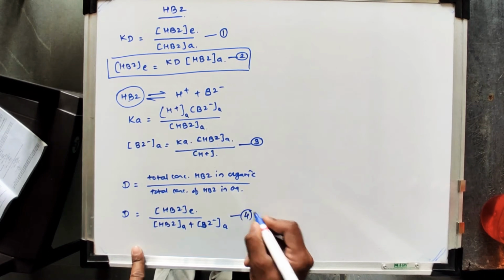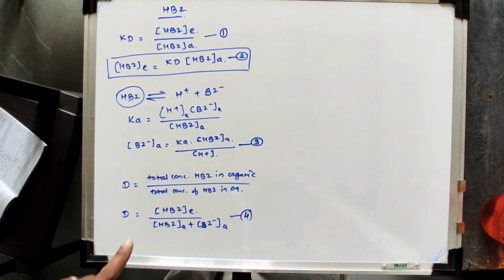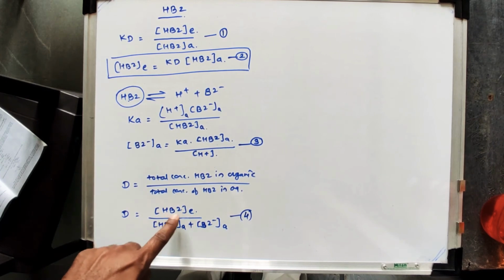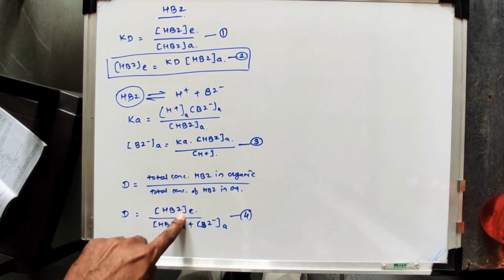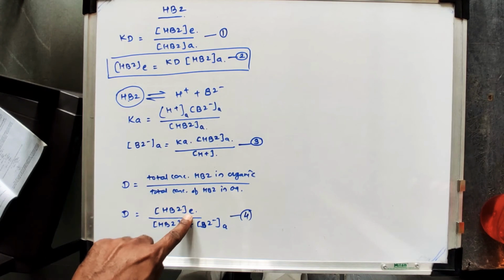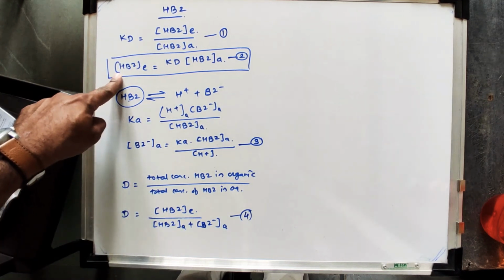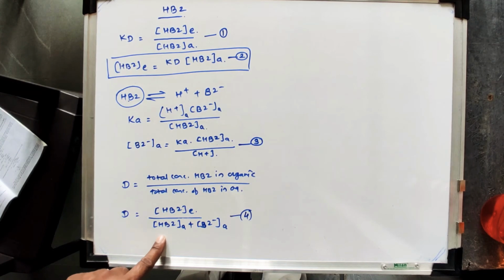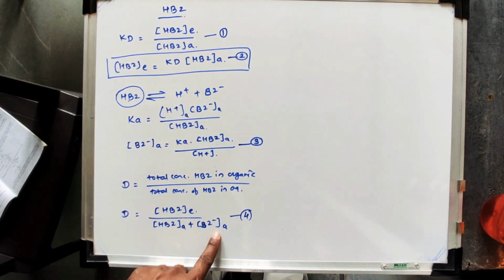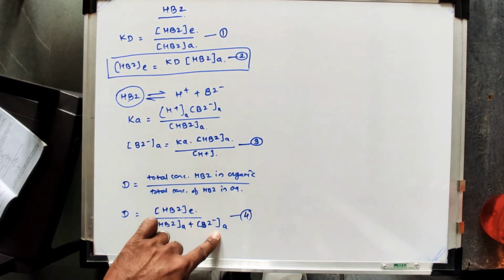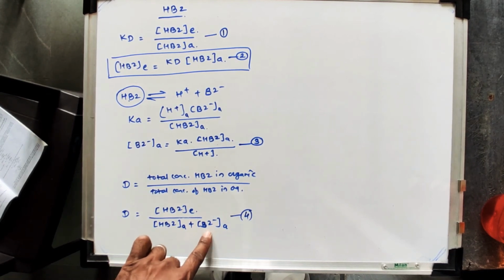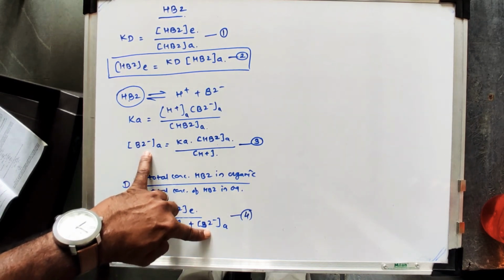Say equation number 4. In this equation number 4, we have HBZE, total concentration of benzoic acid in ether layer. We have this value from equation number 2. In the denominator, we have BZ minus ion, and this total concentration of BZ minus ion is in equation number 3.